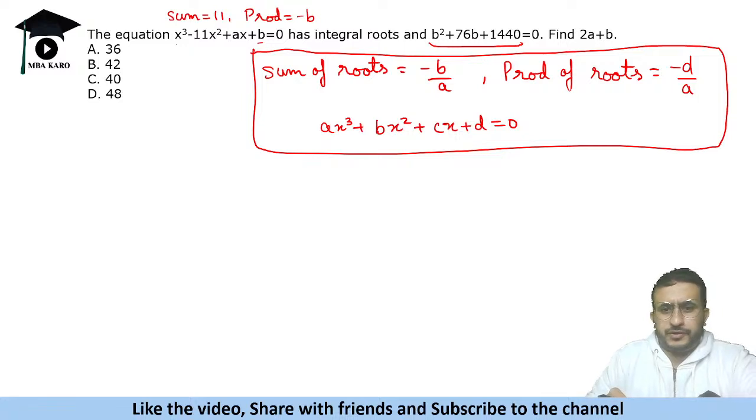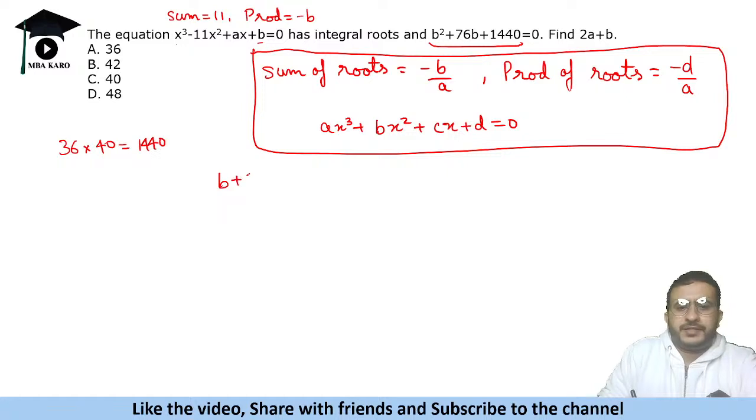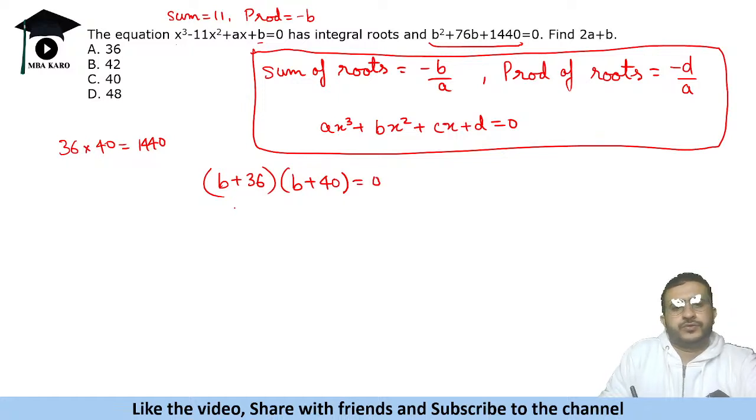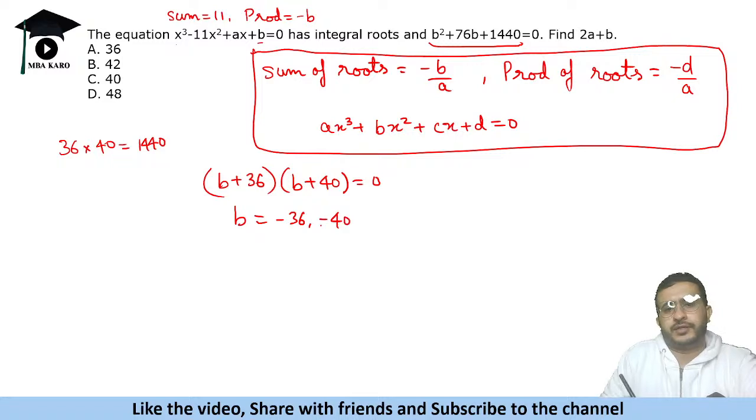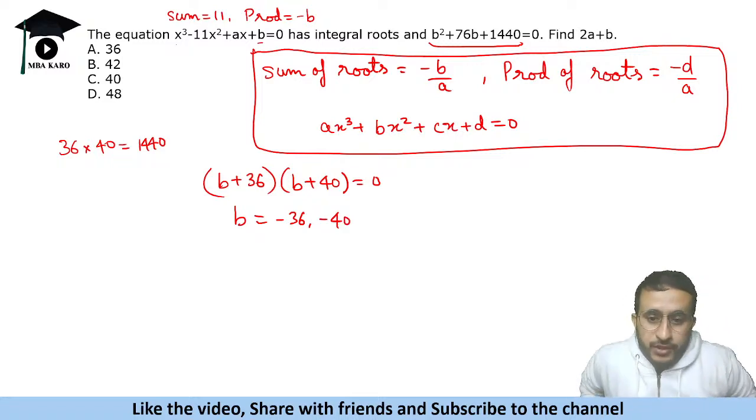Are you able to figure out the factors? 36 into 40, 144 होता है. So we can say that b plus 36 ये थोड़ा फैक्टराइज हो जाएगा देख के. So b is equal to minus 36 or minus 40.